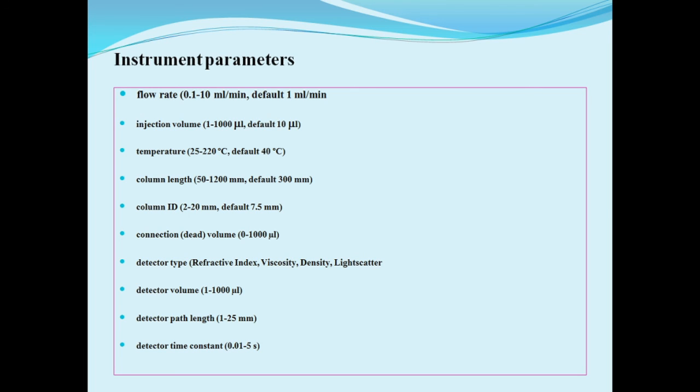Temperature 25 to 220 degrees Celsius, default 40 degrees Celsius. Column length 50 to 1200 mm, default 300 mm. Column ID 2 to 20 mm, default 7.5 mm. Connection dead volume 0 to 1000 microliter.